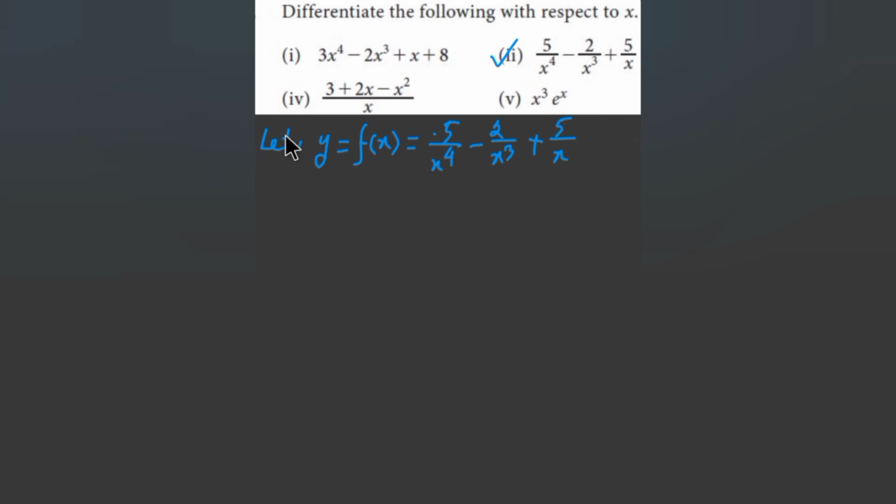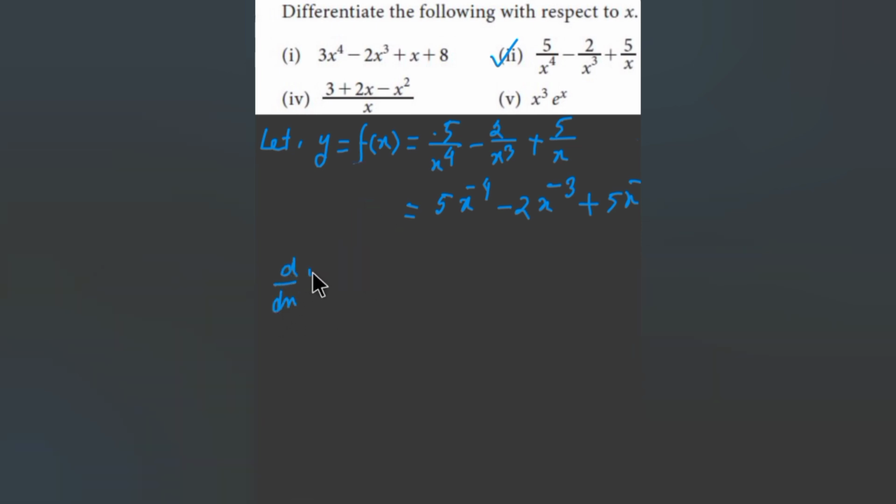So we can simplify this expression like 5 into x to the power minus 4, minus 2 into x to the power minus 3, plus 5 into x to the power minus 1. We know the formula 1 by a we can write as a to the power minus 1.